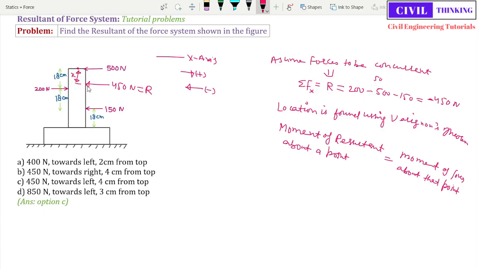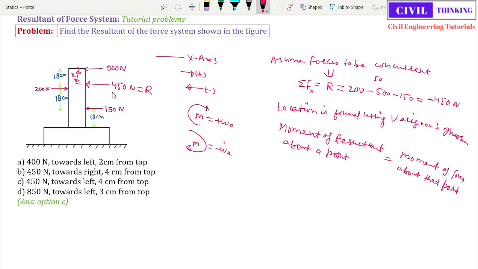Now the moment of resultant about this point is equal to the moment of all these forces about this point. That is Varignon's theorem. So let's assume clockwise moment to be positive, and let's assume anti-clockwise moments to be negative. All right, you can also assume this to be negative and this to be positive, it's your choice.